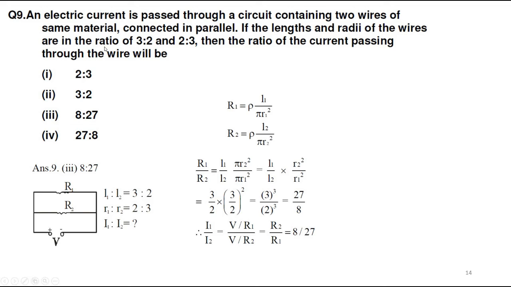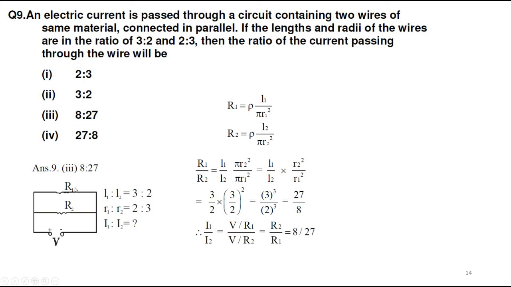If the lengths and radii of the wires are in the ratio 3:2 and 2:3, that is, lengths are in the ratio 3:2 and radii are in the ratio 2:3, then the ratio of the currents passing through the wire will be: option 1, 2:3; option 2, 3:2; option 3, 8:27; option 4, 27:8. The given answer in the key is option 3, 8:27.